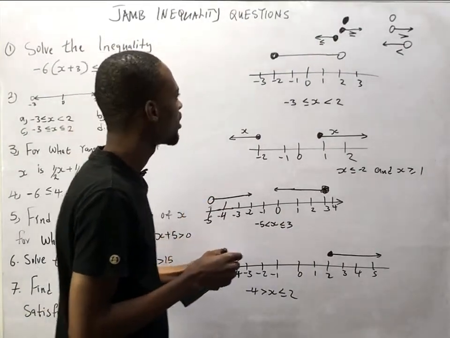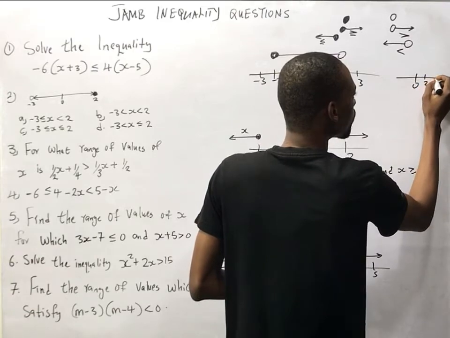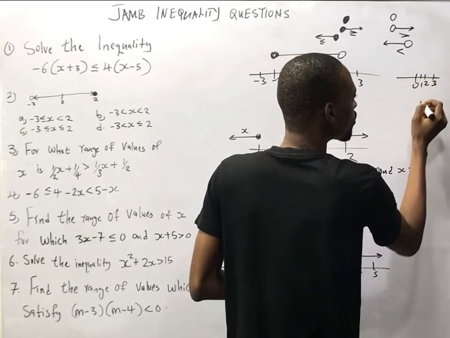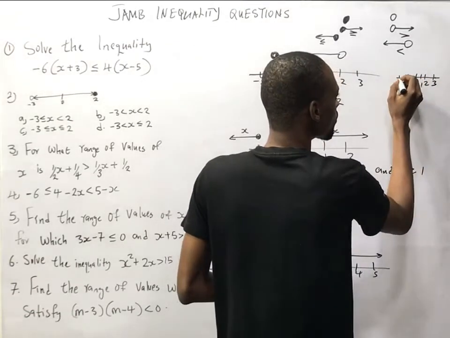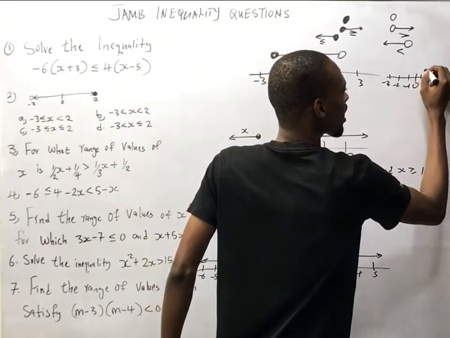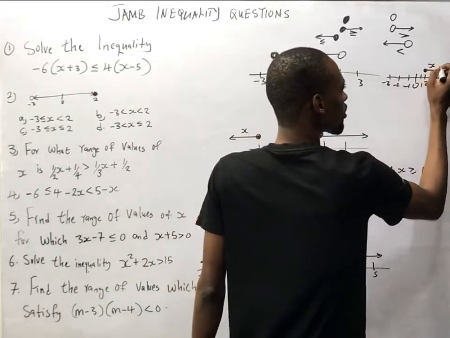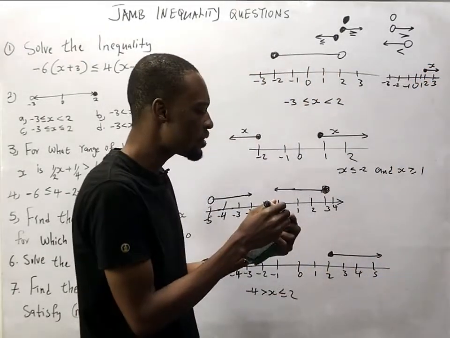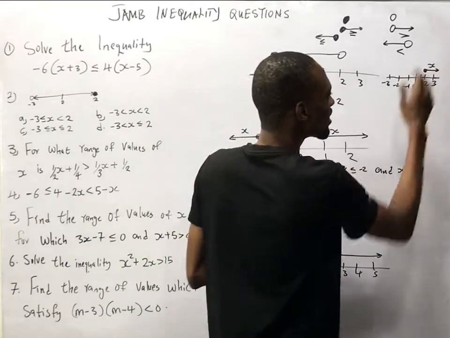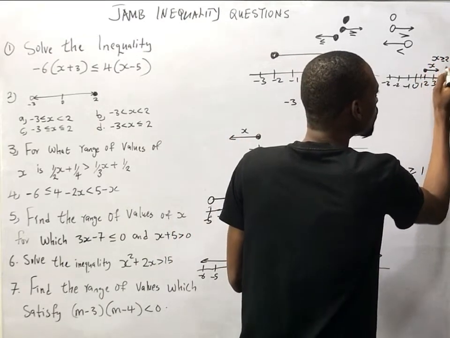Now, what's s? If I have the number line 0, 1, 2, 3, and minus 1, minus 2, minus 3, and I have something here, dark, and it's going this way, and this is s, what does that tell you? It simply means that s is greater than or equals to.